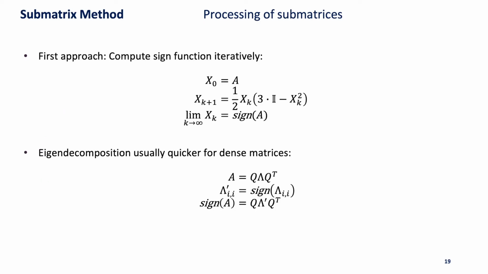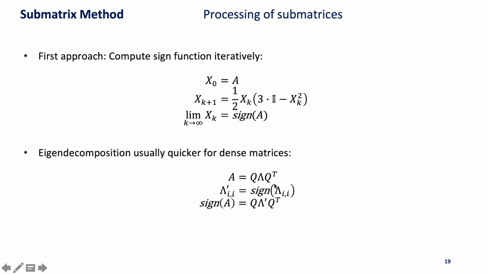Okay, one question is, how do you process the submatrices? And in general, you can use the very same method that you originally used on the overall matrix. So in this case, this would be this iterative Newton-Schulz approach to compute the sign function. We found that for these dense matrices, it's often quicker to do an explicit eigendecomposition.